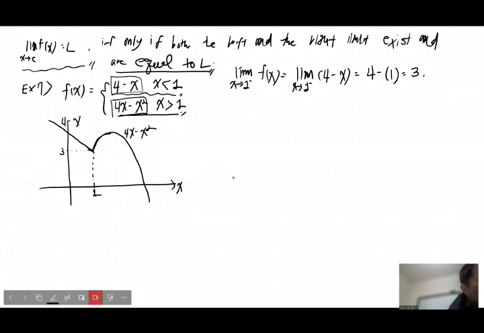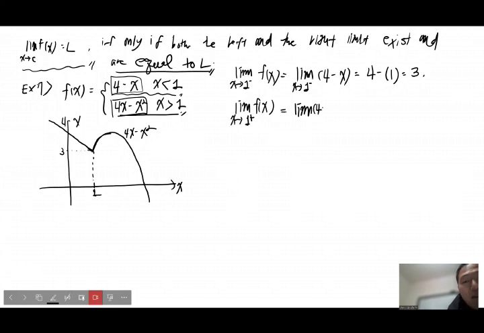If we look at f(x) from the direction of positive infinity to 1, then now we use 4x minus x squared in the limit.